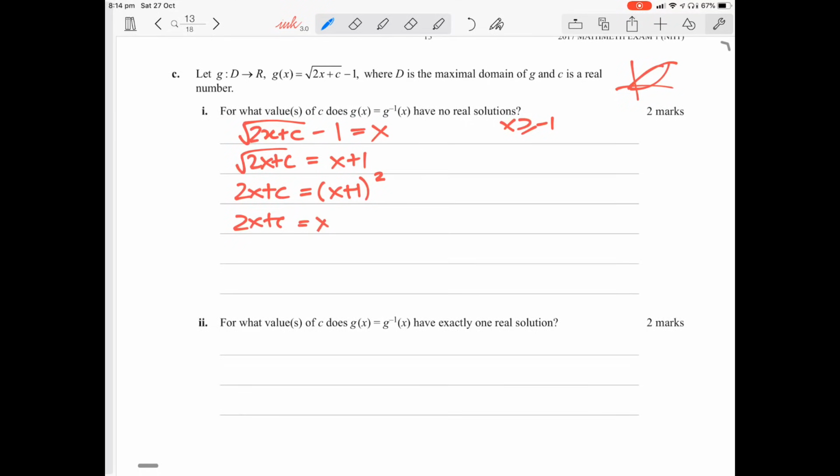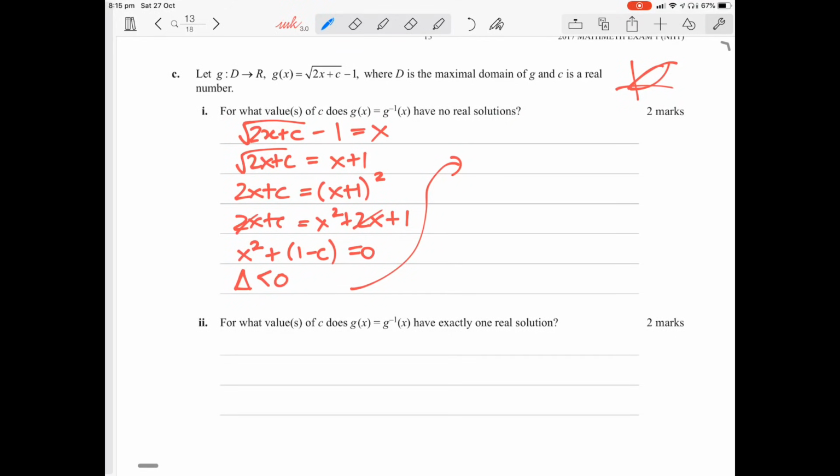2x plus c is equal to x squared plus 2x plus 1. So x squared, those two x's are going to cancel again. Plus 1 minus c equals 0. So our discriminant has to be less than 0.